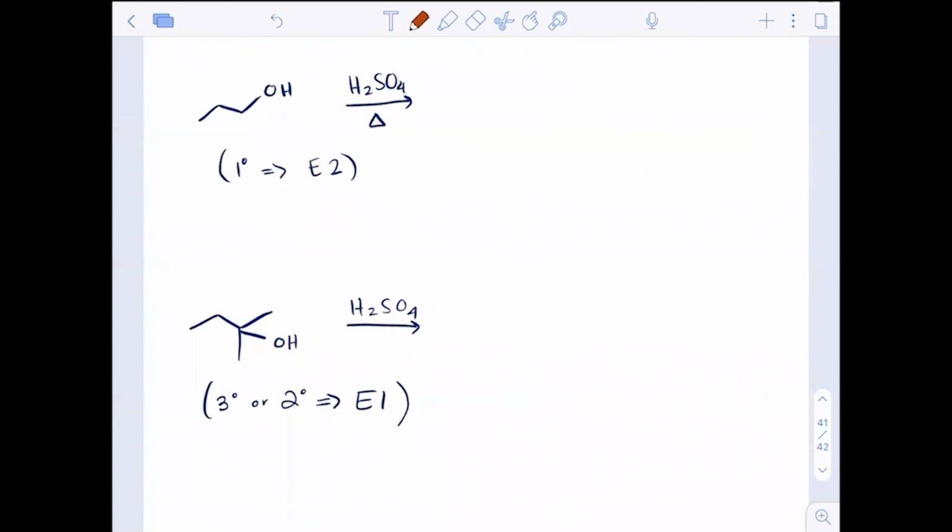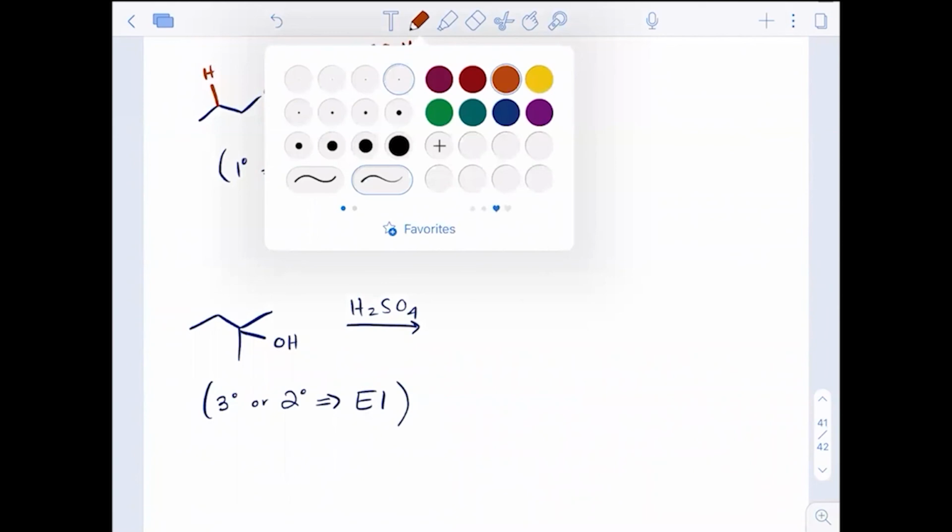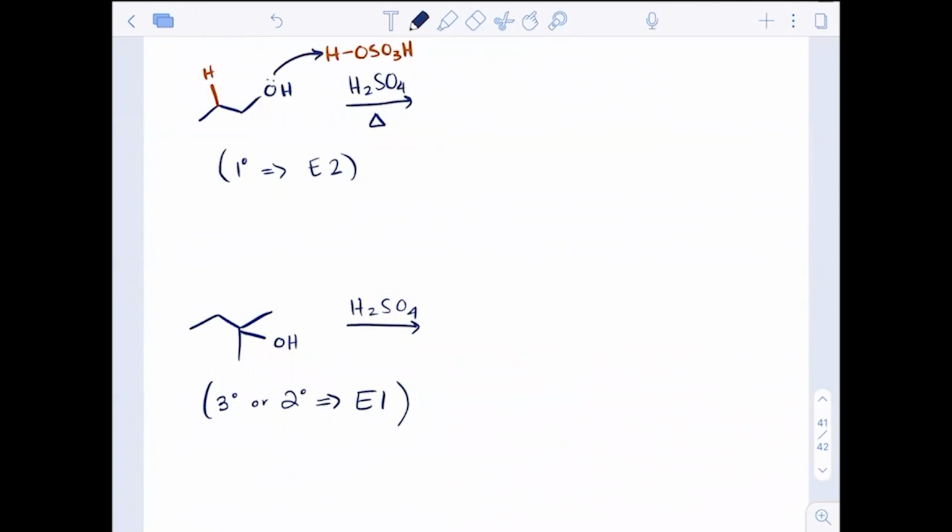Let's just again see for our primary, when we think about that water, I'm going to hang off one of the protons on H2SO4 so that we first do that proton transfer to make oxygen a better leaving group.